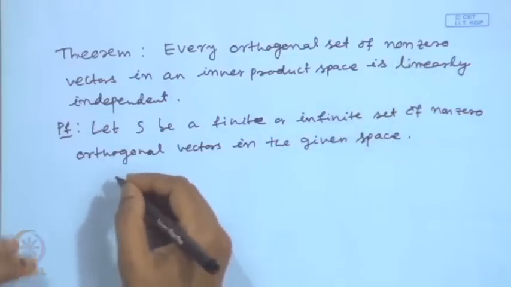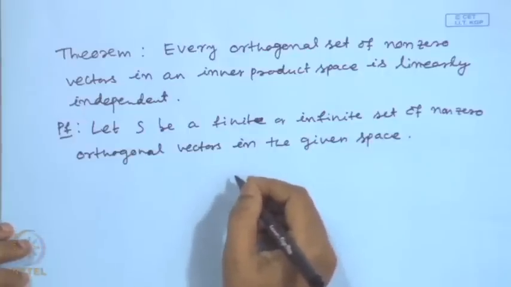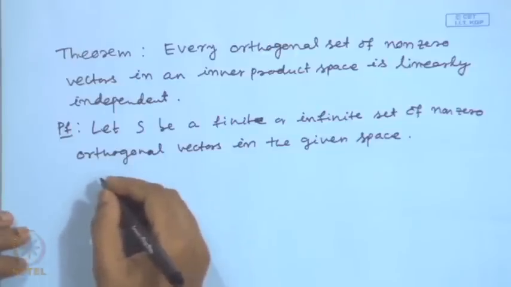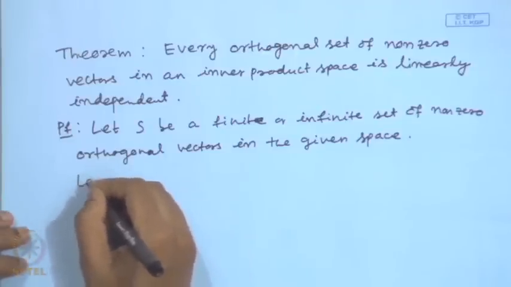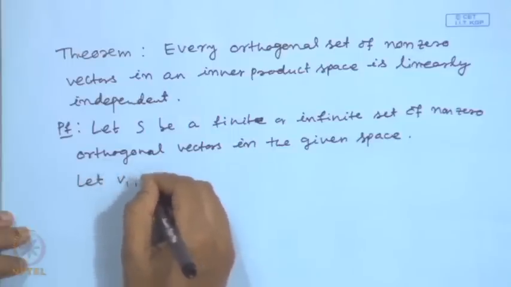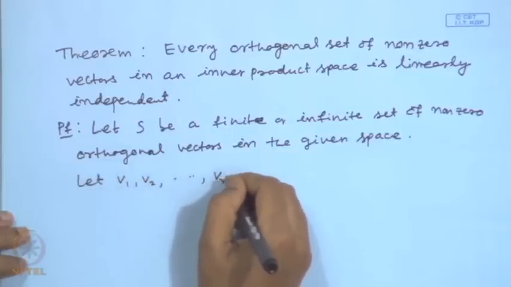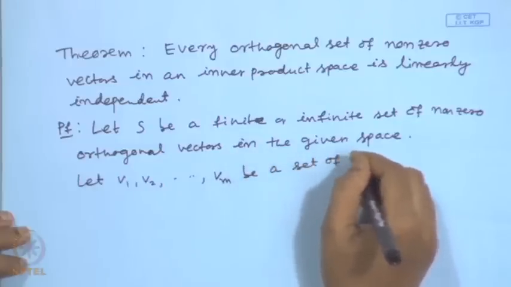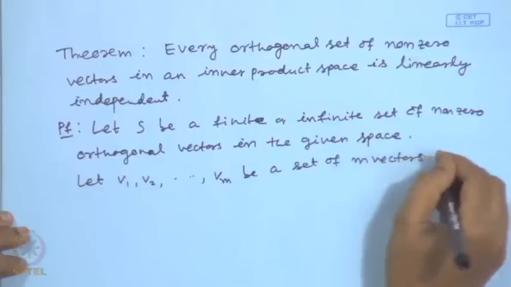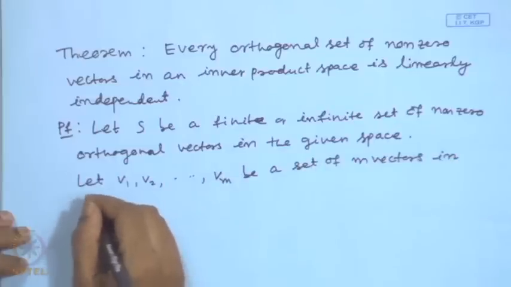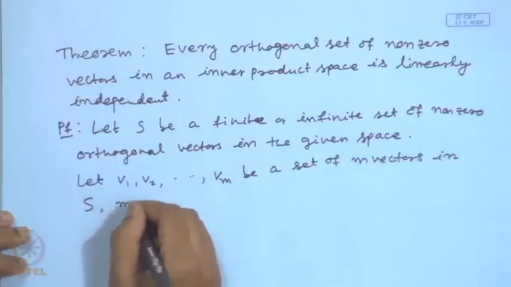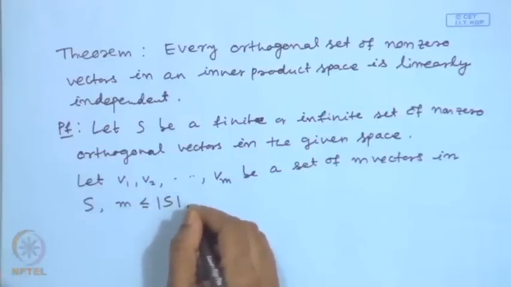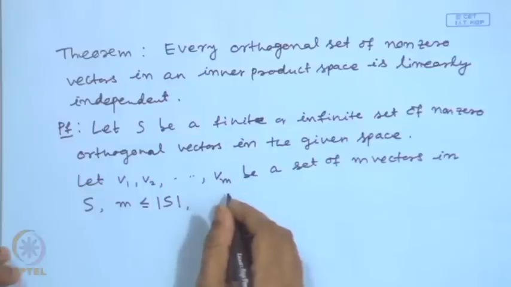Well, to prove that this S is a linearly independent set, here we consider a set of m vectors. Let v1, v2 to vm be a set of m vectors in S. Of course, this m is less than or equal to the cardinality of S, and the vectors v1, v2 to vm are all distinct.